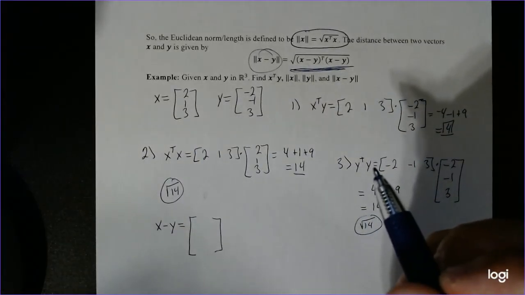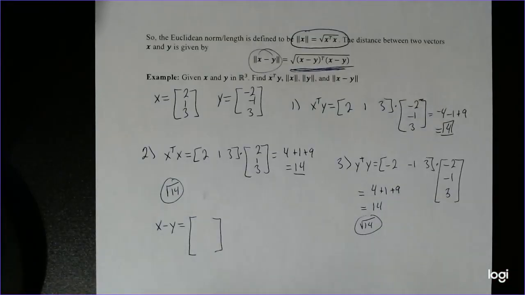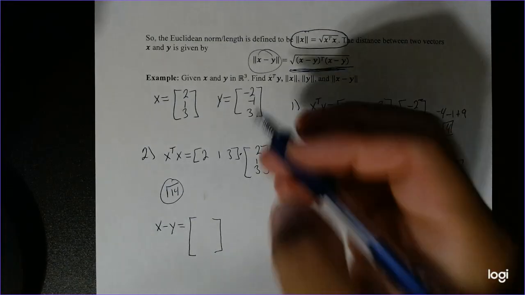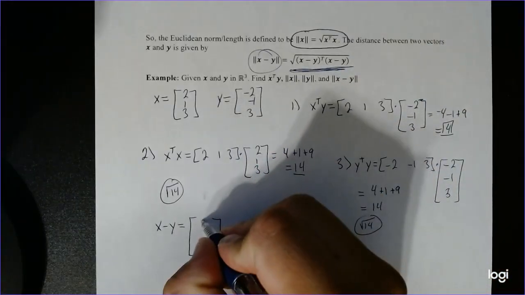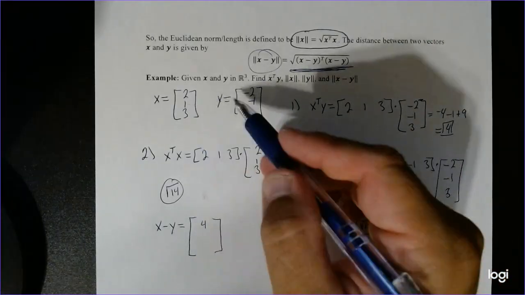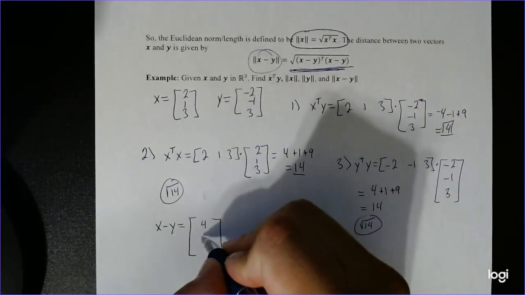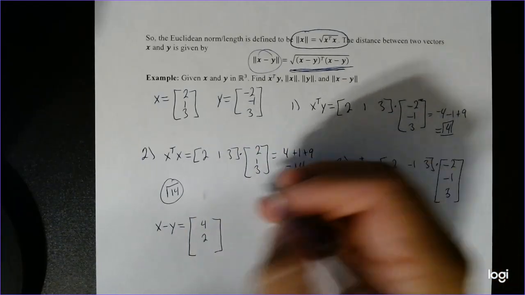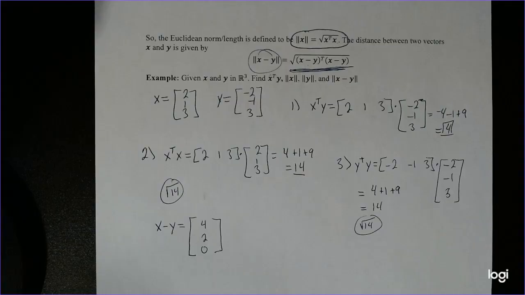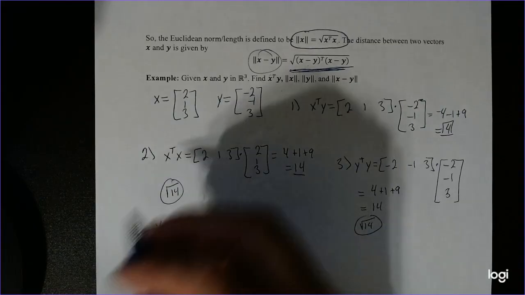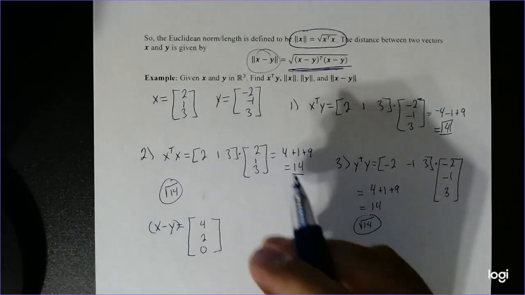All right, let's see what we get here. So we get 2 minus -2, so that's adding, which gives you 4. 1 minus -1, that's addition, which gives you 2. And 3 minus 3 gives you 0. Okay, so that's this part.